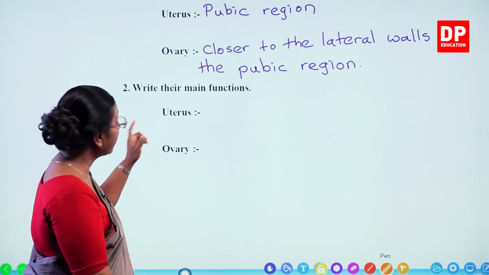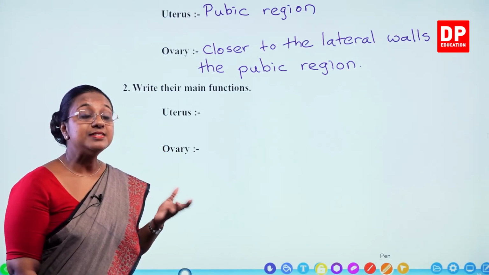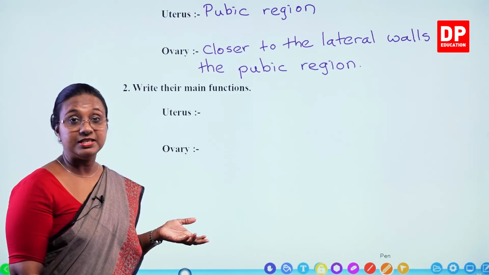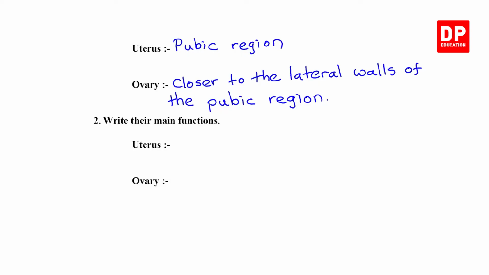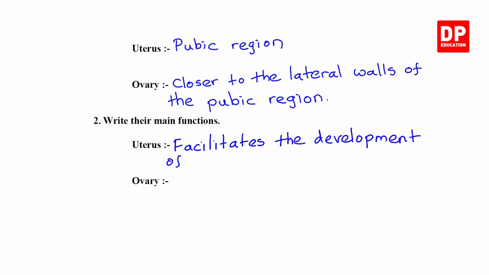What is the main function of uterus? It facilitates the development of the fetus. That is where the baby or the fetus develops, that you all know. Then what is the function of the ovary?